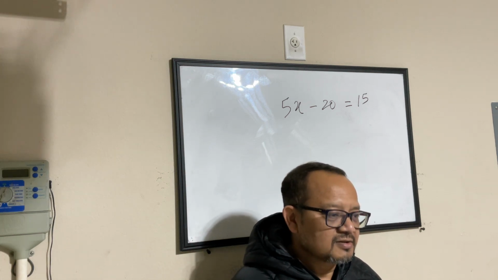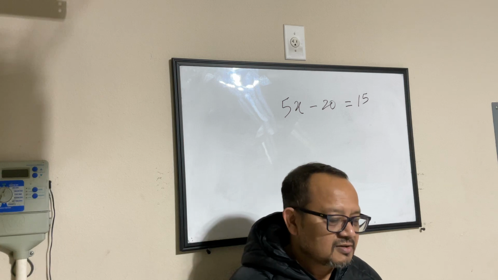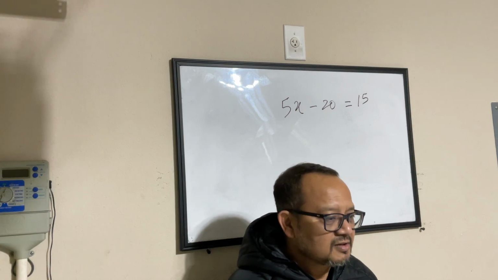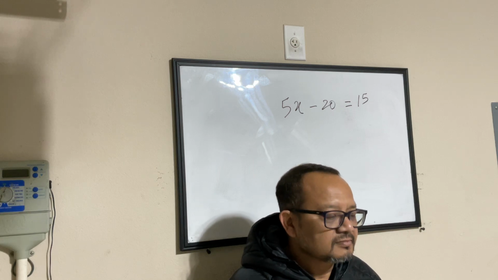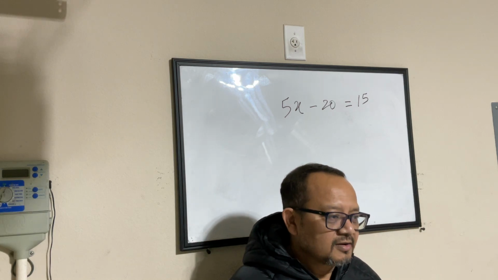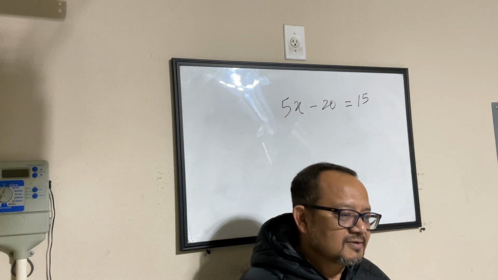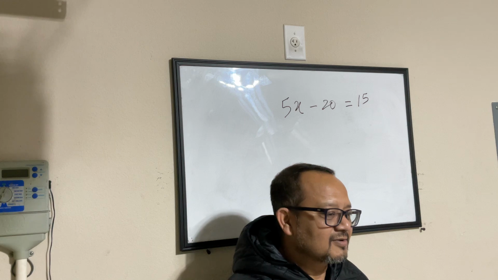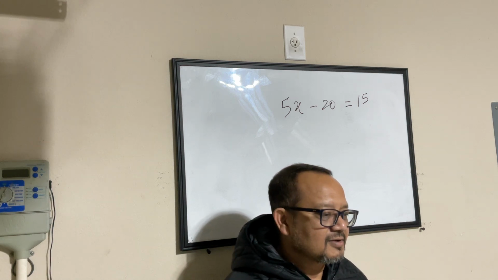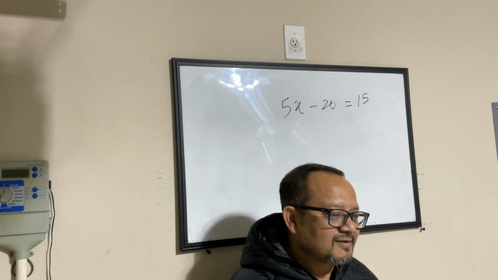So the answer I got was 7 because when we see the equation, we can move the 20 to the other side, but we must change the sign because it crosses the equal sign. And then we would have 5x equals 20 plus 15. 20 plus 15 would be 35.